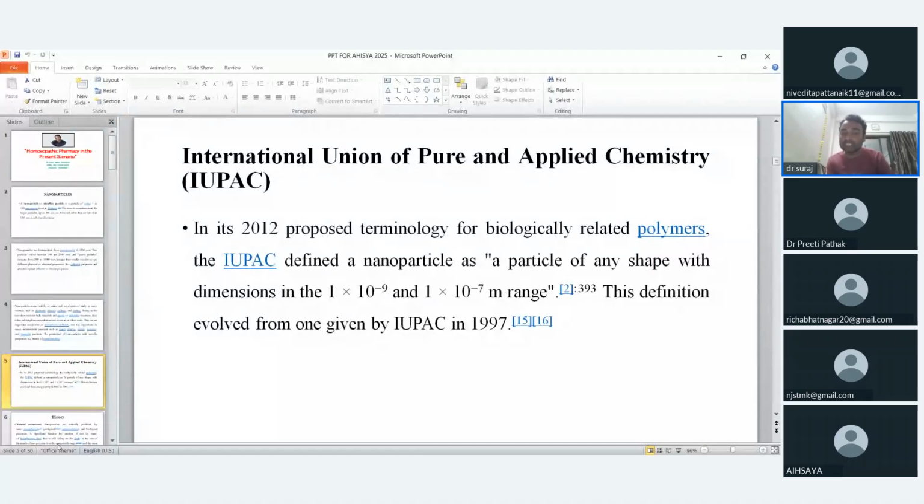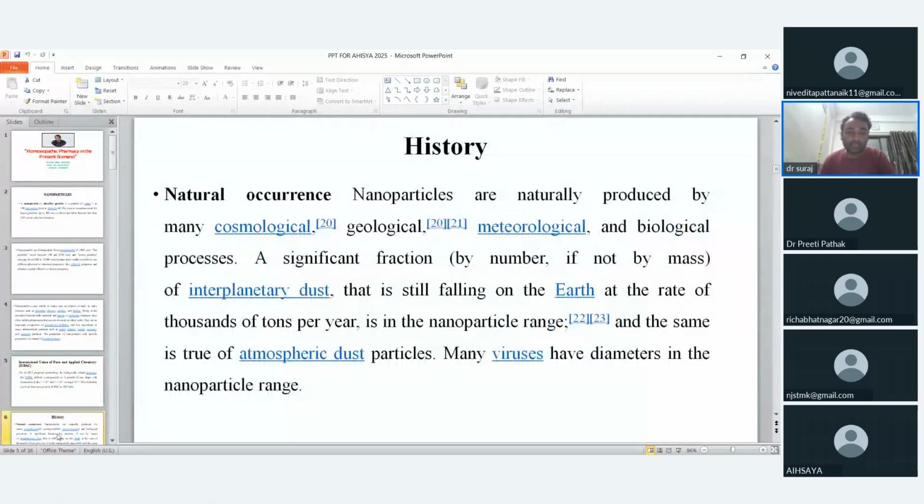When we talk about the history part, nanoparticles are generally produced by different aspects: cosmological, natural occurrence, geological occurrence, meteorological occurrence, and biological processes.